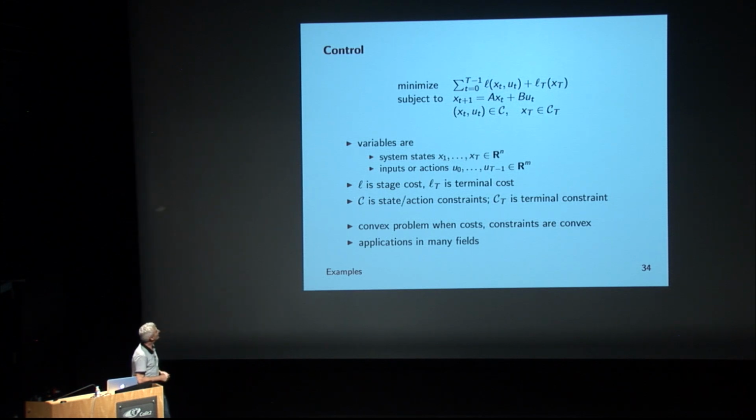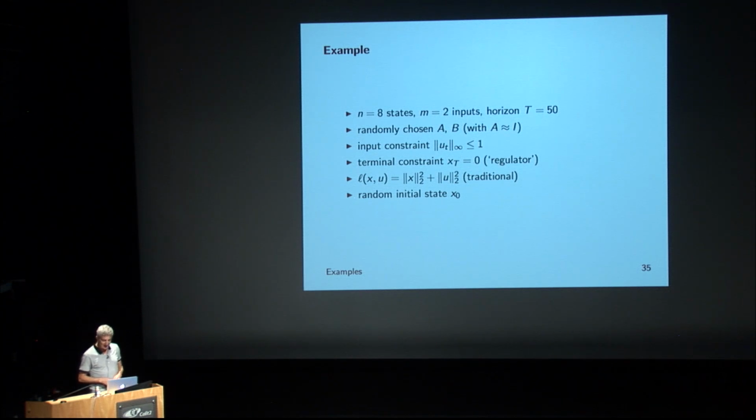So, okay. This is the idea. When these constraints are convex and these functions are convex, this is a convex problem, right? So here's just a quick example where you have something with like 8 states and 2 inputs and horizon 50. You just take a generic system. We limit the input to have an infinity norm less than 1.